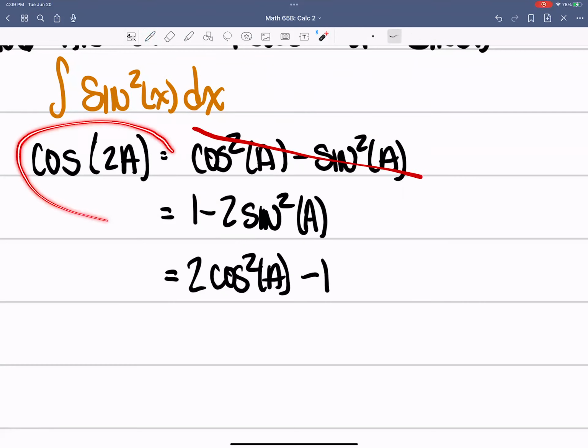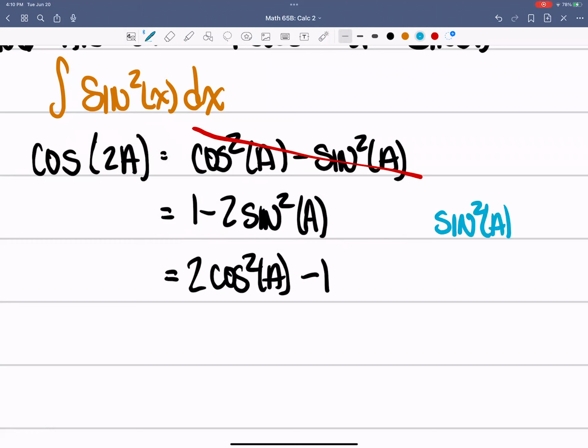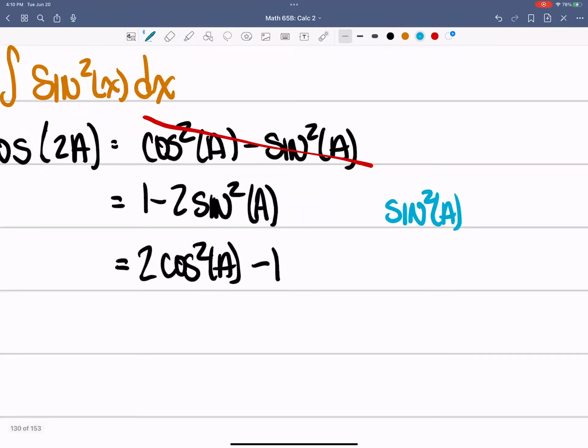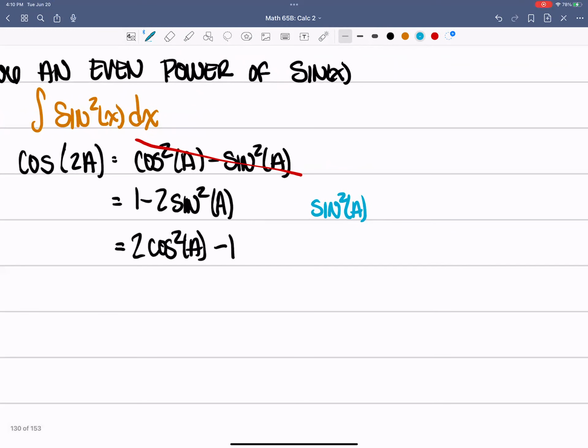But looking at this right here, if we solve for sine squared a, it is going to be equal to 1 minus cosine of 2a over 2.